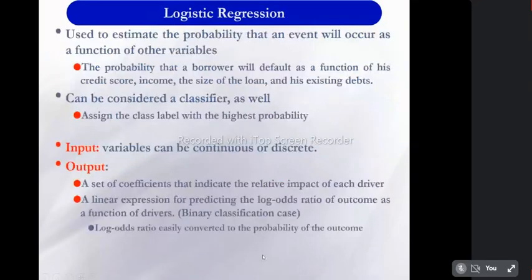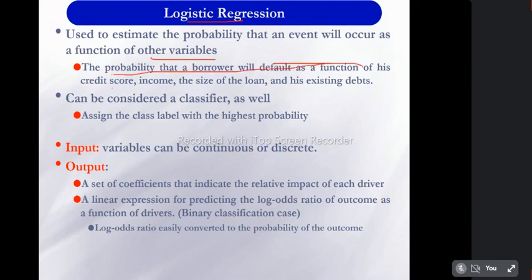Now this logistic regression is used to estimate the probability that an event will occur as a function of other variables. That is called logistic regression. For example, the probability that a borrower will default as a function of the credit score, income, the size of the loan, and existing debts.